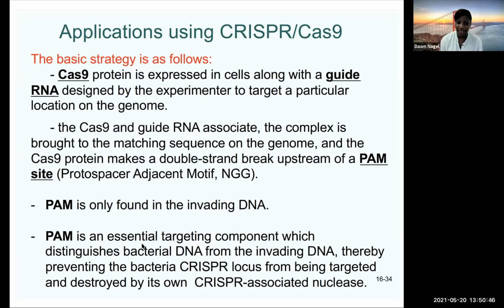So this PAM site is important for targeting the guide RNA and also for the function of the Cas9 protein. And it's the way that bacteria have found to distinguish their own DNA from invading DNA viruses so they don't cleave it. Absolutely clever. It's a beautiful system that we are now able to use to manipulate whatever we want in any genome that we want.